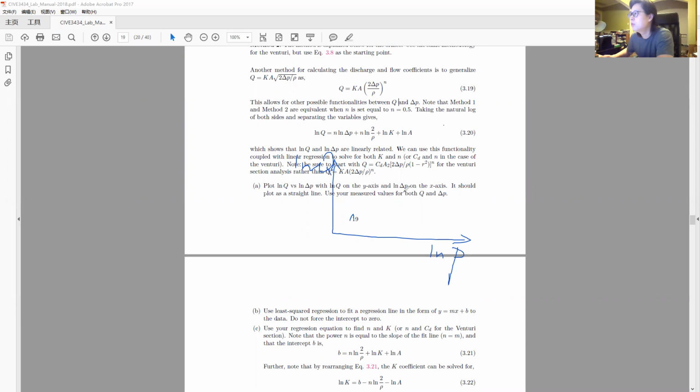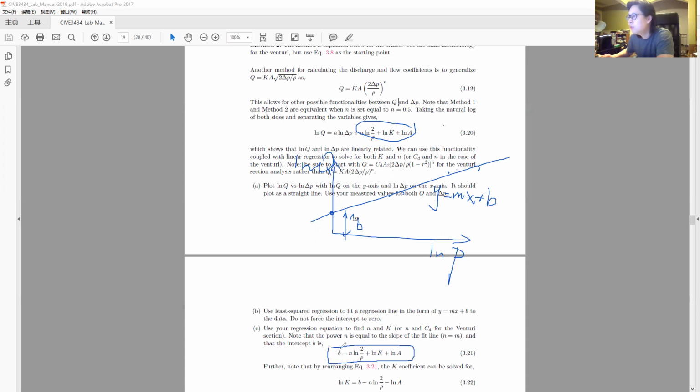So we just do the plot, and we will have a regression line like this, and this is our b. If there is a function for the regression line, it will be mx plus b. So what is b? B is this part.